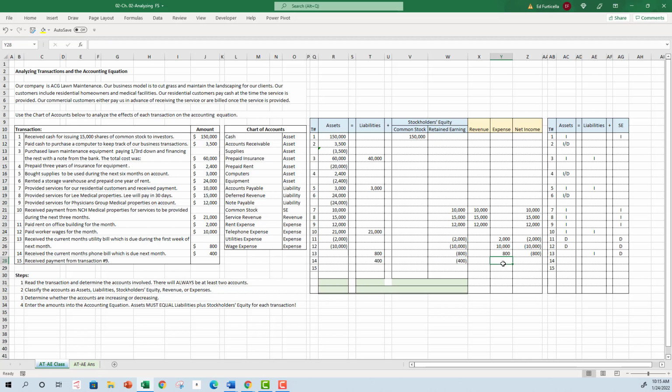The telephone expense is an expense and as such decreases net income and also stockholders' equity. So for this transaction, assets were not affected, liabilities increased, and stockholders' equity decreased.